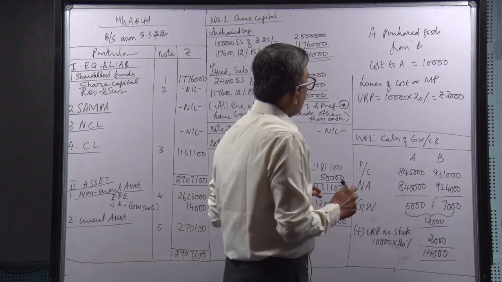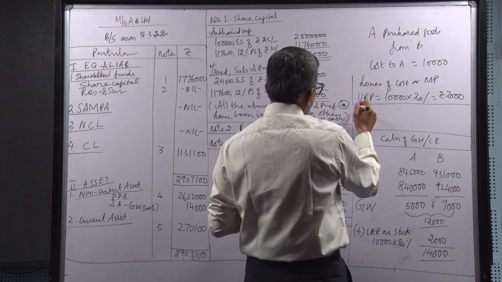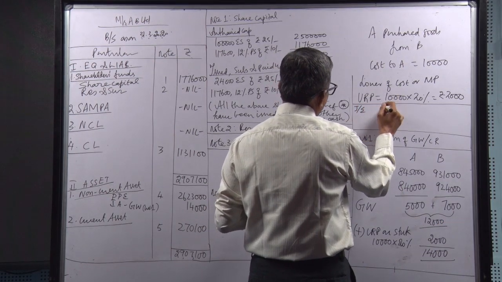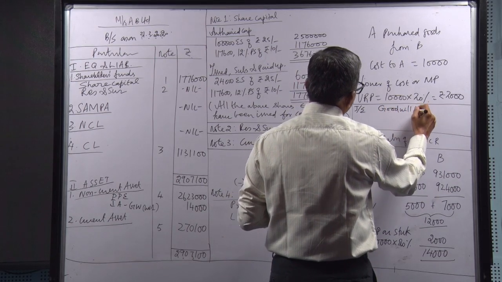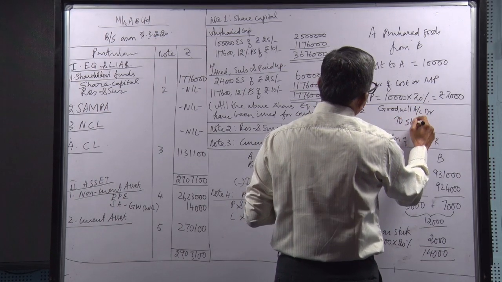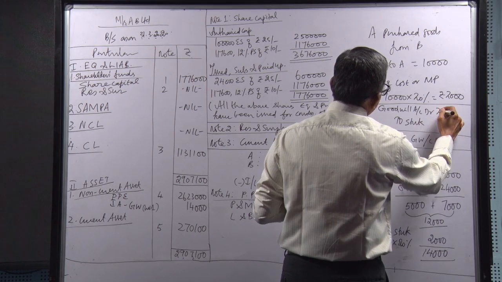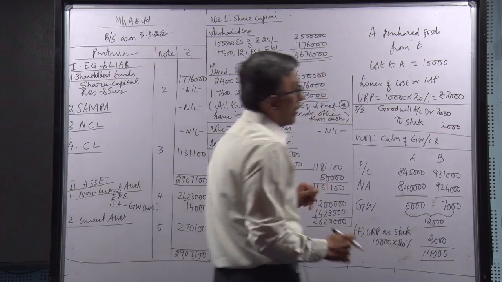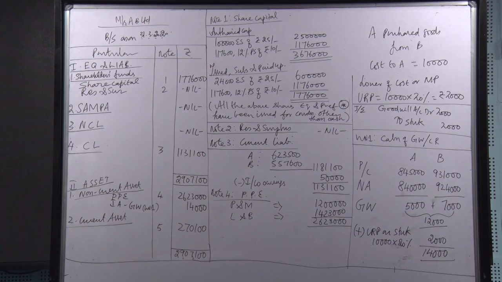Therefore, we have to make a journal entry like this in the books of the purchasing company. Journal entry, goodwill account debit to stock account. That means in stock you have to reduce 2000, in goodwill you have to add 2000.